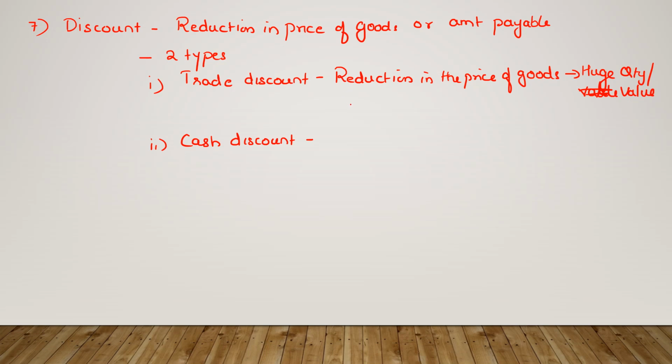Like for example, here, because a customer is purchasing over 1 lakh rupees worth of goods, probably he might have bargained with Smita saying that as I'm purchasing such a huge quantity and the value is also quite large, give me a reduction in the price. And so she offered a discount of 3,000. So that type of discount which is given is called as trade discount.